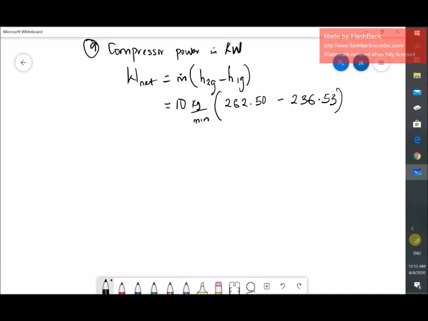As you can see, they are all in kilojoules per kilogram.